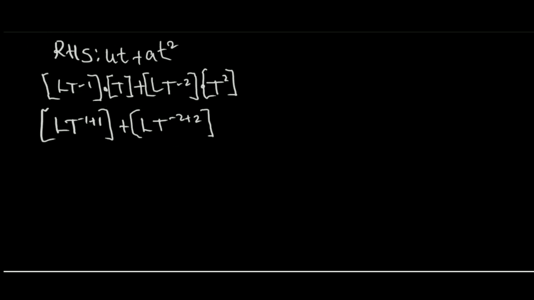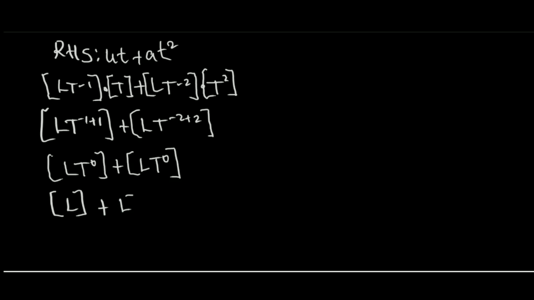So simplifying this further gives us square brackets [L t^0] plus [L t^0], since negative 1 plus 1 is 0, and negative 2 plus 2 is also 0. Now we understand from mathematics, given a base which is not 0 and it is raised to the power of 0, it gives us a 1. So this will be L, plus here also we get L. Now when we add these two together, algebraically we get 2L.